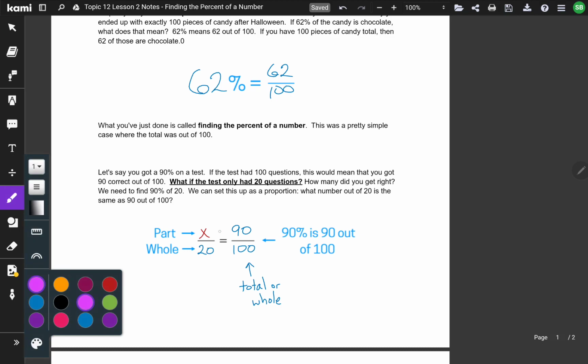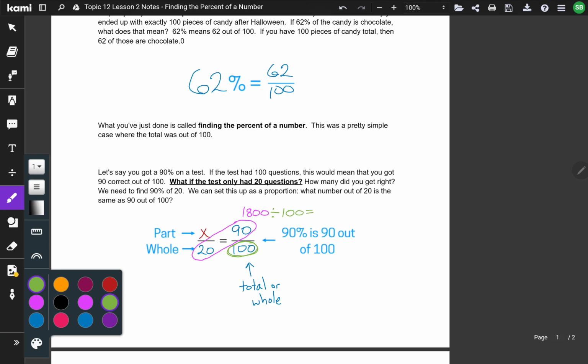I need to cross multiply, take 20 times 90. You can use a calculator for this. Sometimes it's simple and you shouldn't need it. For example, 20 times 90 is 1,800. Then I'm going to divide that by my third number, this 100. So I'm going to take 1,800 divided by 100.